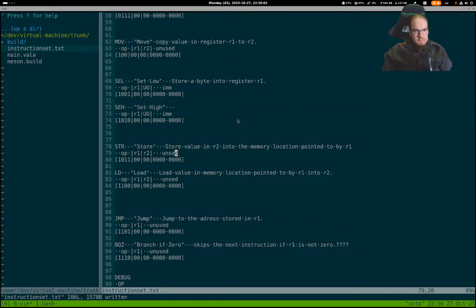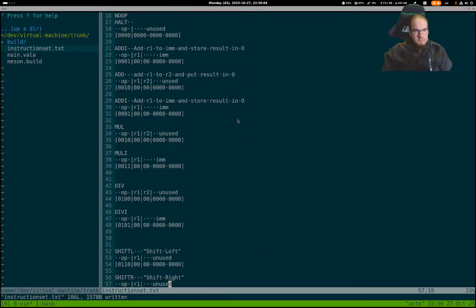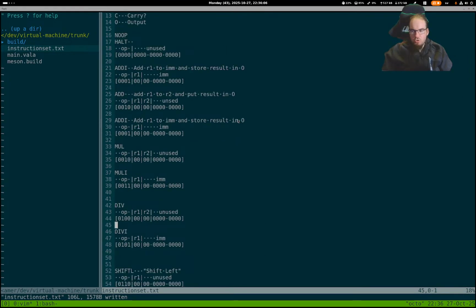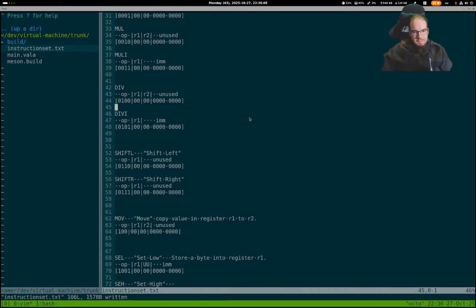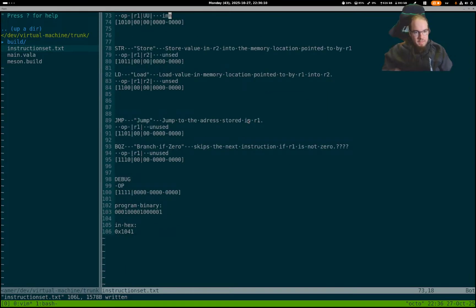And that should be it, I think. I think that's a good one. And debug is fully like that.